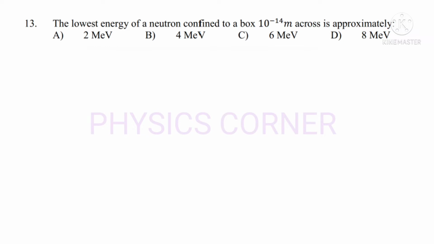The lowest energy of a neutron confined to a box 10 raised to minus 14 meter across is approximately 2 MeV, 4 MeV, 6 MeV and 8 MeV.